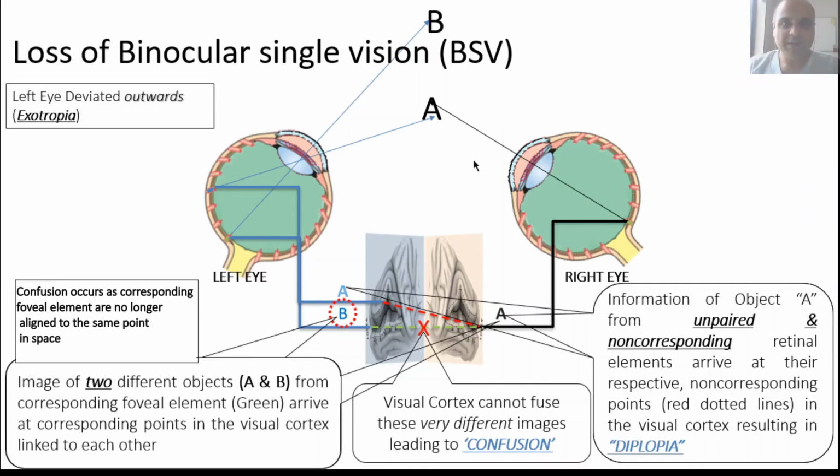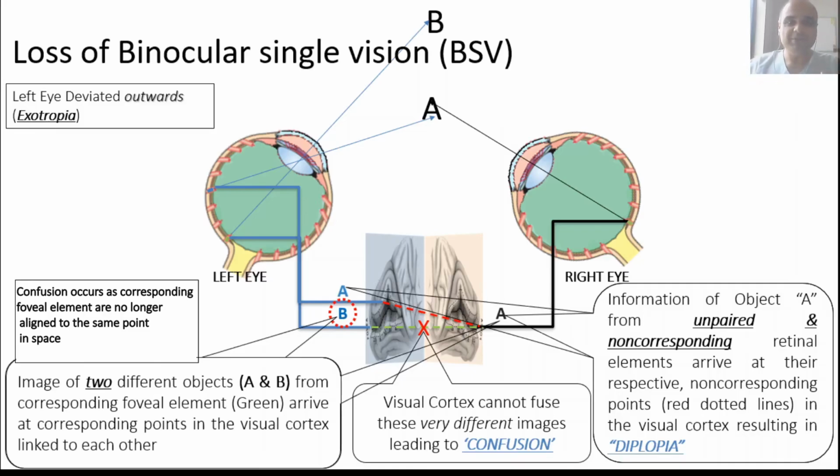You have diplopia because information from the same object is arriving at two different locations on the visual cortex, and it is coming from non-paired or unpaired and non-corresponding retinal elements. And it is also ending up at two different points which are non-corresponding points on the visual cortex, and they can't be fused together because they are not linked to one another. So the visual cortex will assume there are two A's.